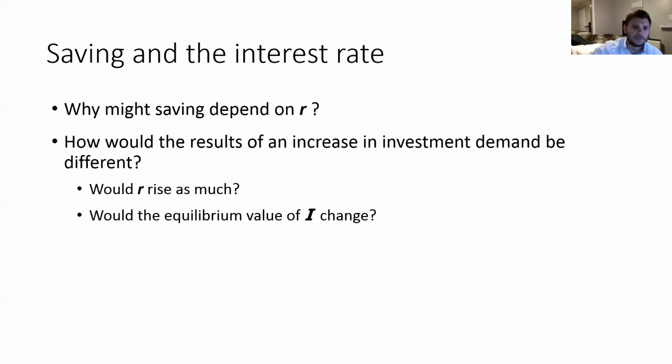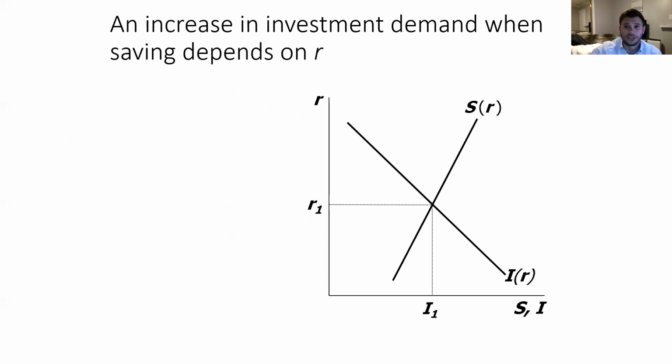And we could easily model this if we were thinking about, for example, consumption or some element of demand for our output being negatively related to R. So if consumption was negatively related to R, R going up causes consumption to go down, which would cause savings to go up and would give us a scenario where we have an upward sloping supply curve.